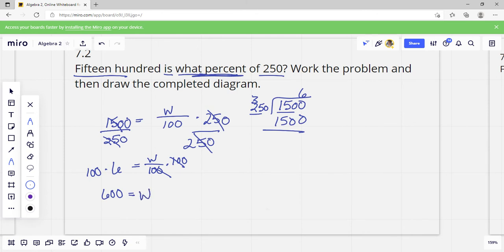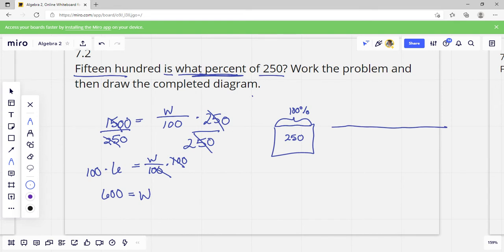Now, in the last one, I forgot to draw the diagram, so let's go ahead and draw this diagram over here. It says 1500 is what percent of 250? So our diagram is 100%, and that is 250. And we need a number that's going to be 1,500.